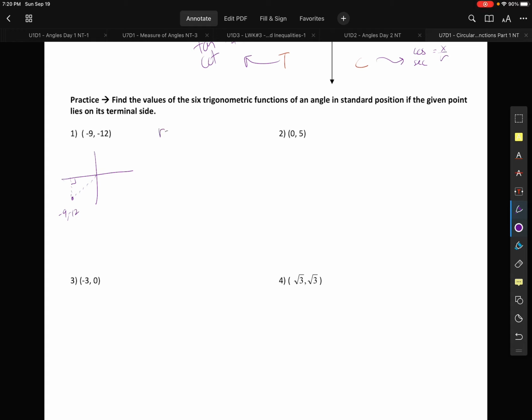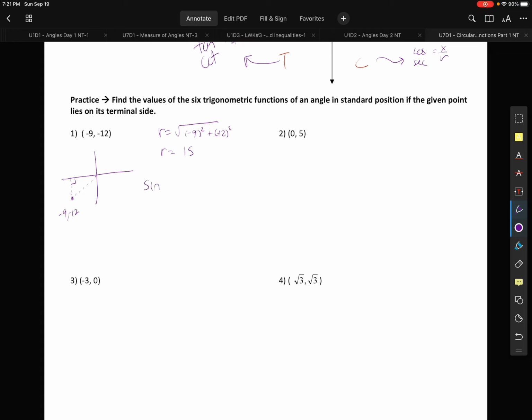So what we talked about earlier is how do you find the radius? Well, the radius equals the square root of x squared plus y squared. 9 squared plus 12 squared gives us a radius of 15. So we have x, we have y, we have r.